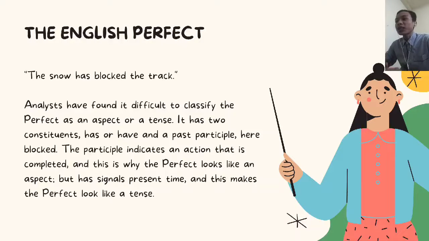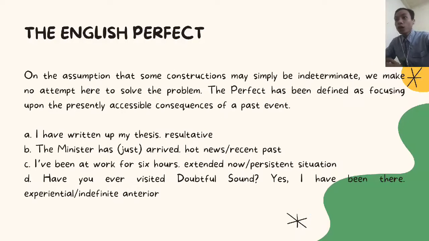The participle indicates an action that is completed, and this is why the perfect looks like an aspect, but has signals present time, and this makes the perfect look like a tense. On the assumption that some constructions may simply be indeterminate, we make no attempt here to solve the problem.